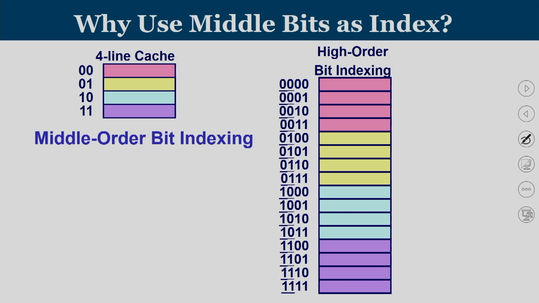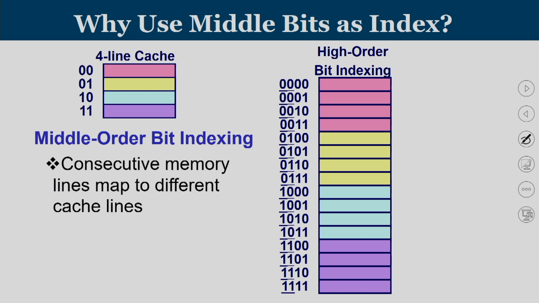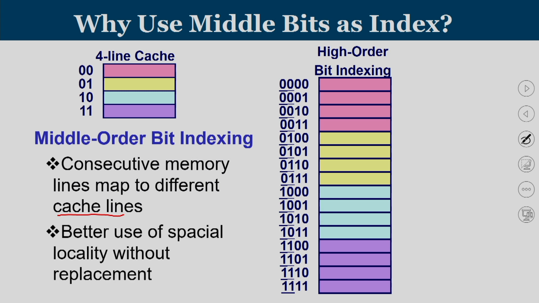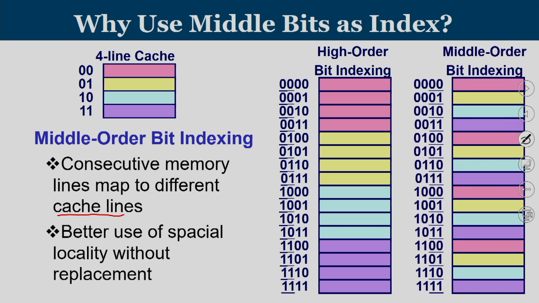Now if you use middle order bit indexing, then consecutive memory locations may be mapped to different lines in the cache. So it is a better use of spatial locality. This is what we can see. If you are using the next 2 bits, the least significant bits apart from the offset, then 00 will be mapped to this line in the cache, and 01 is mapped to the next line in the cache.